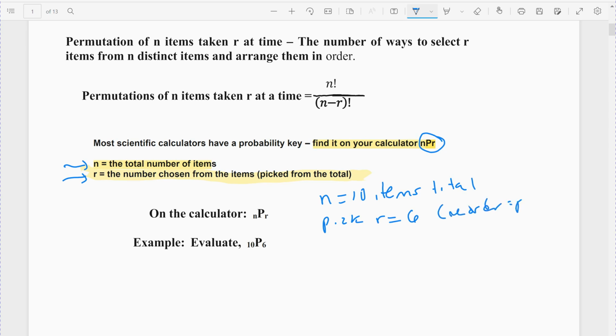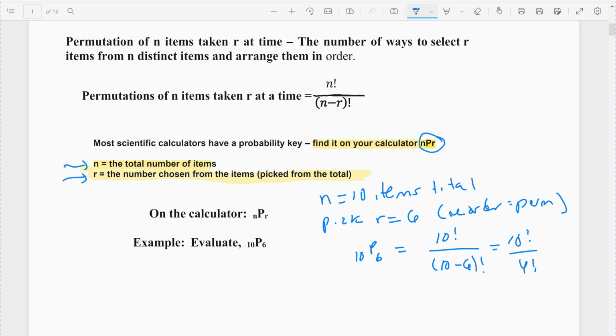That makes it the permutations case. If you're using the formula, it would be 10 factorial over 10 minus 6 factorial, which is 10 factorial over 4 factorial.